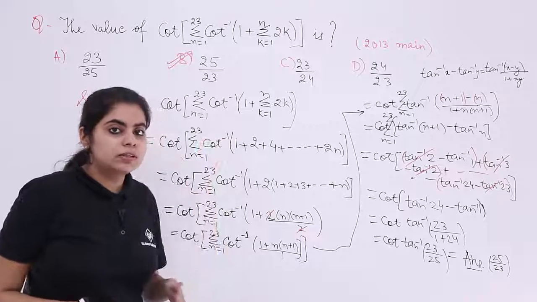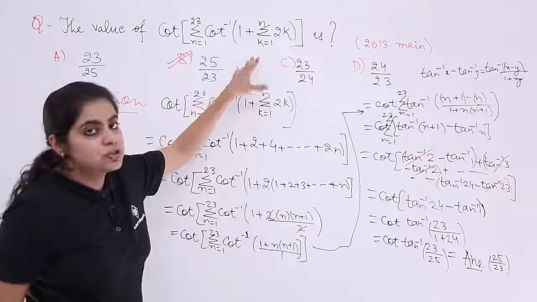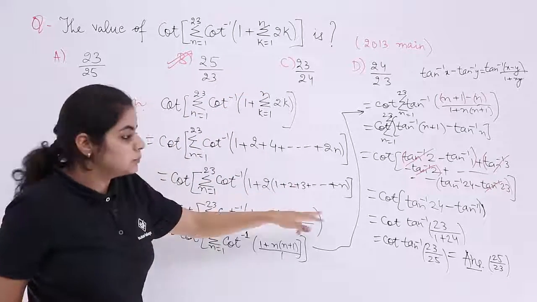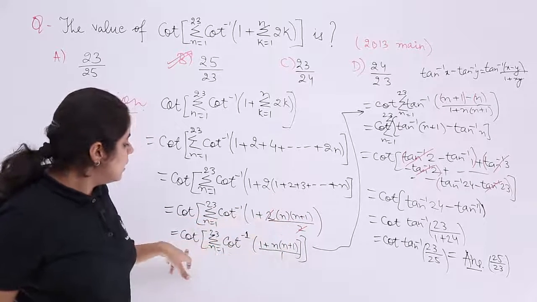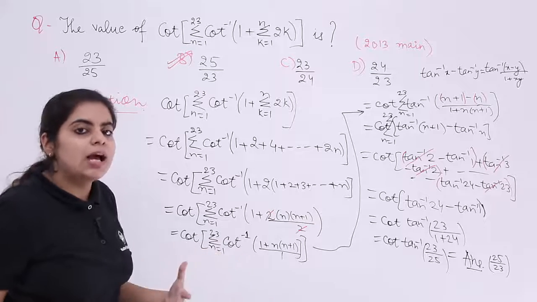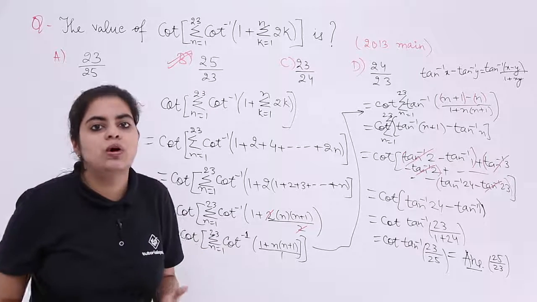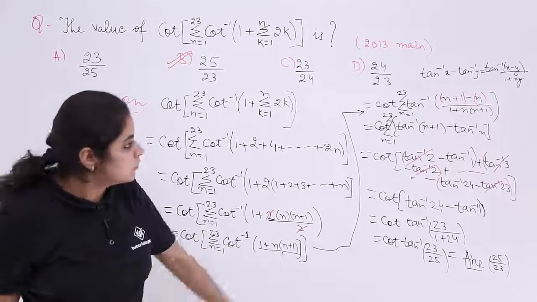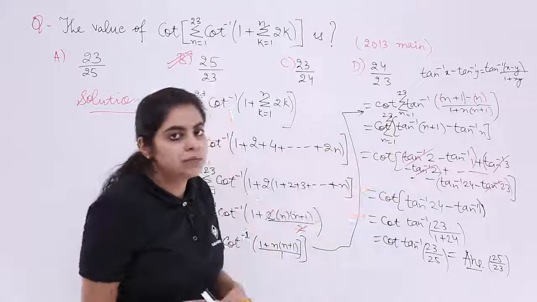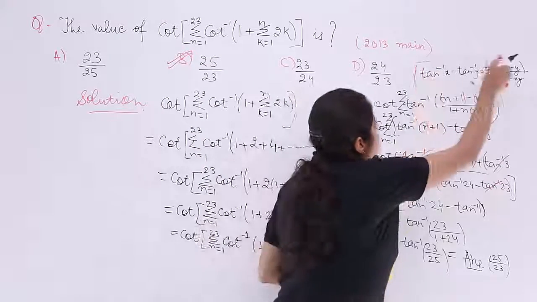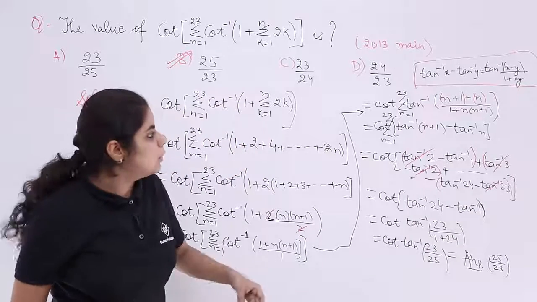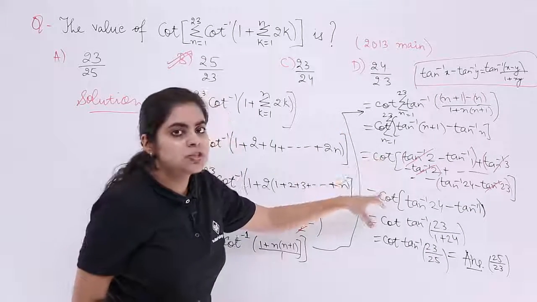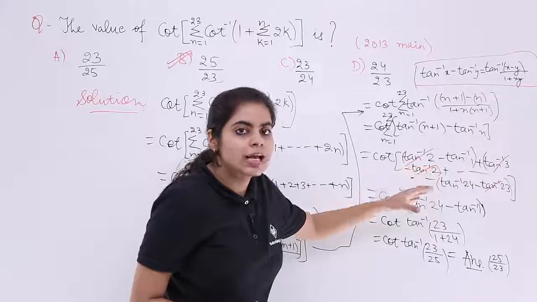Let's repeat what we did in this question. This question was basically a summation question. We expanded, used the formula of sum of n terms, and then when we have cot and cot inverse, I thought, why work with cot inverse when we know the formulas of tan? We converted the question to tan inverse, used the formula tan inverse x minus tan inverse y is equal to tan inverse of x minus y upon 1 plus xy, expanded the summation again, subtracted, and cancelled a few terms.